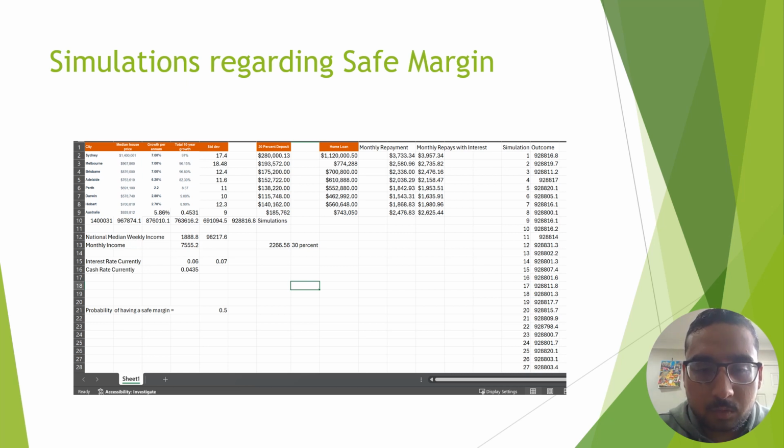And also I've used interest rates, which are currently 6 to 7%, and also the cash rate, which is 4.35%, in my calculations of Monte Carlo simulations and what-if sensitivity analysis to calculate the probability, which is very low in capital cities, but in cities like Perth, Brisbane, Hobart, Darwin, we can get a safe margin.